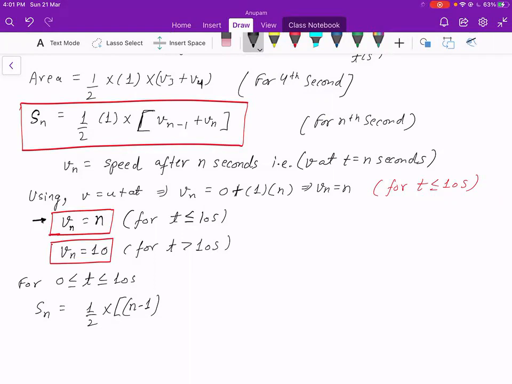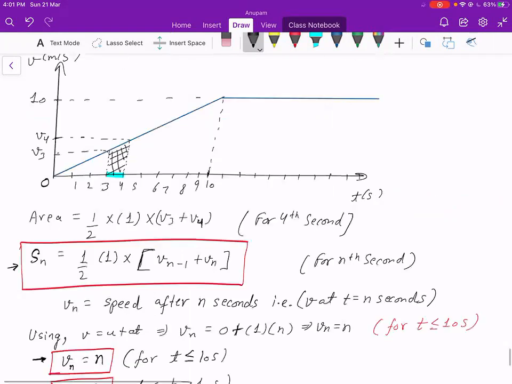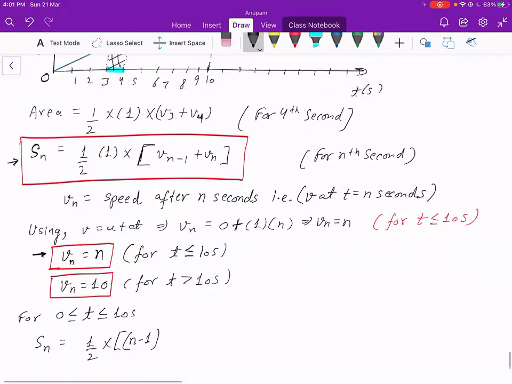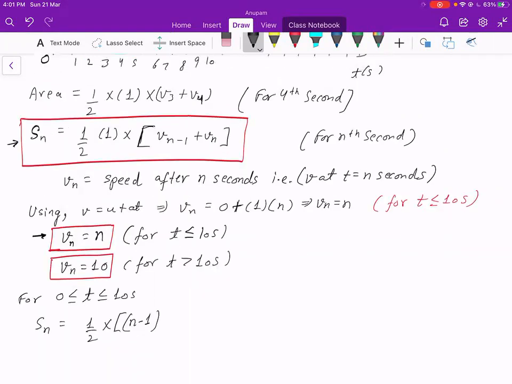We are using this formula for distance that we derived from the trapezium area formula, right? This is the area approach we are taking. And we also concluded that between 0 to 10, Vn is equal to n. So when I write the value of Vn, I will write n.